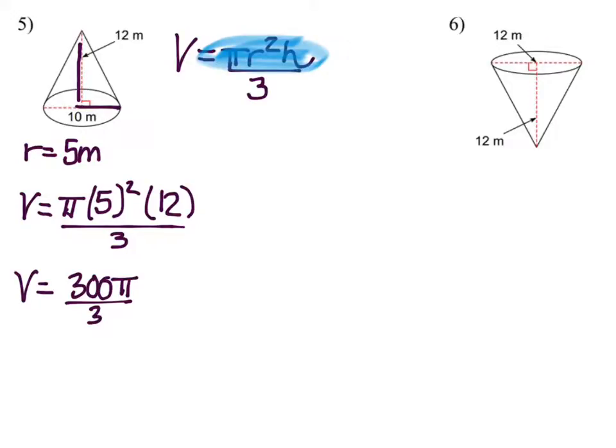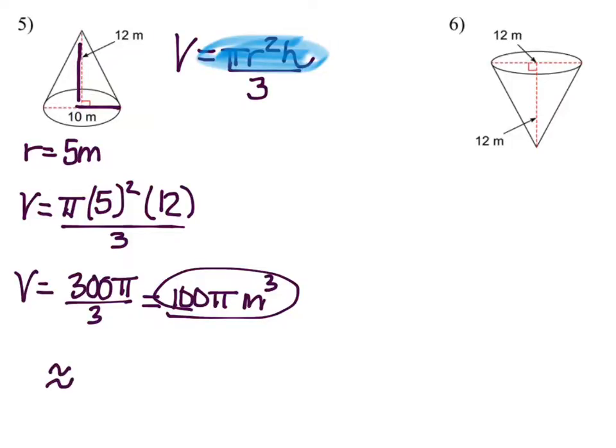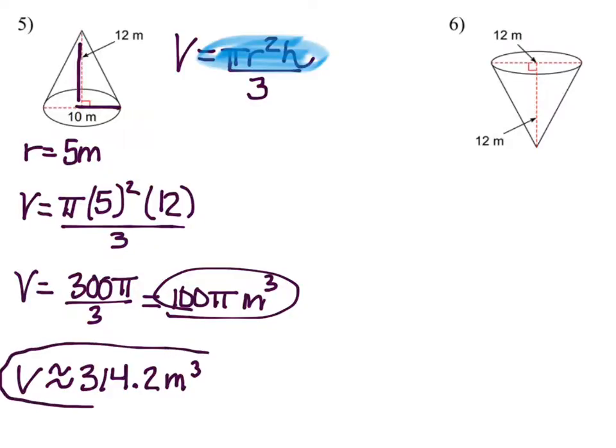And if I wanted this in terms of pi, 300 divided by 3 is 100 pi meters cubed. So that's the actual precise value for the volume. But if we approximate it, we do 100 times pi in the calculator and get 314.2 meters cubed. I actually find the volume of cones easier than spheres, but that's just me.